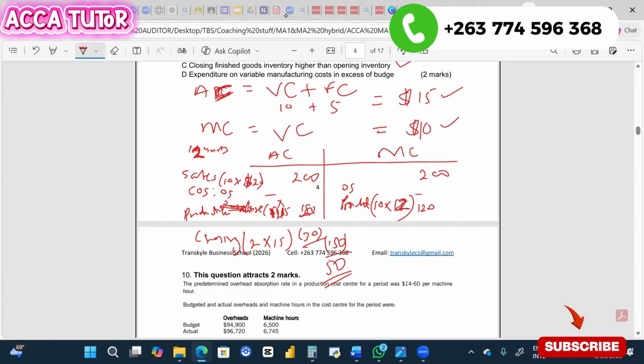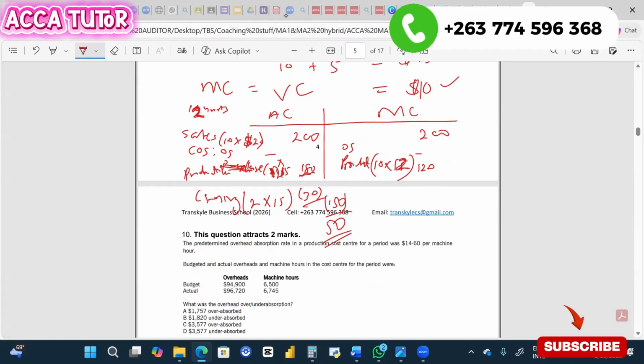Okay, so what is the problem? Where is the problem? Because here closing stock is higher. So if closing stock is higher, we expect to get a higher profit. How come here on the marginal costing we are getting more profit than the absorption? That is the bone of contention. All right, let me just try here.